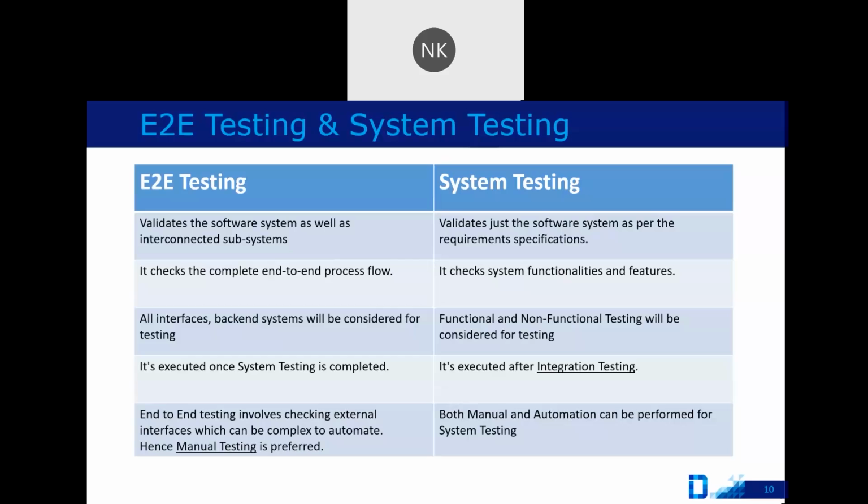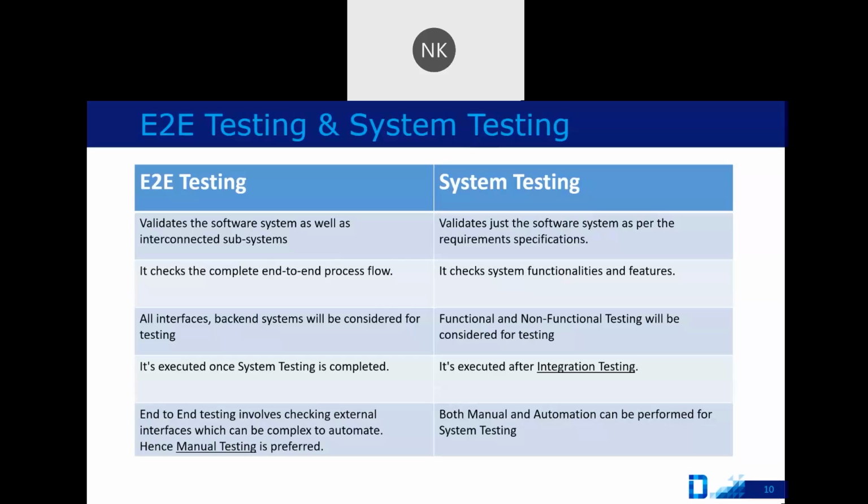Actually, system testing validates just the software system as per the requirement specification. But E2E testing validates the software system as well as the interconnected subsystems. In system testing, we are not doing that. The specialty of E2E testing is that we are testing with the interconnected subsystems as well.